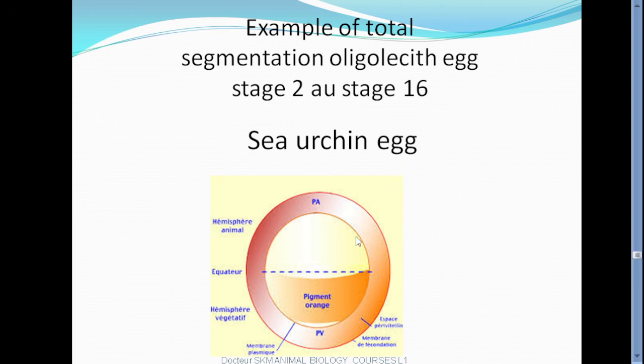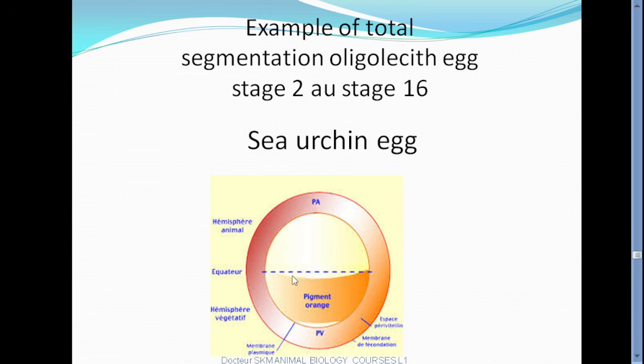It is oriented firstly, so animal pole and vegetative pole. I didn't translate this picture. And then how we can recognize this orientation: it's according to the nucleus, which is close to the animal pole.